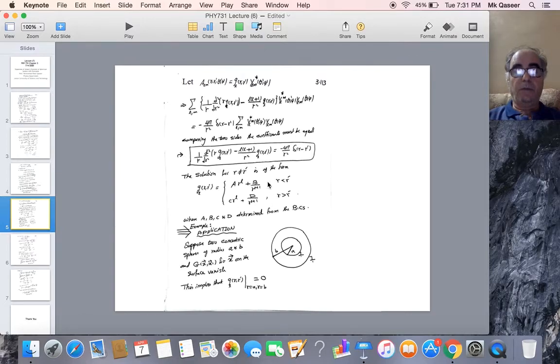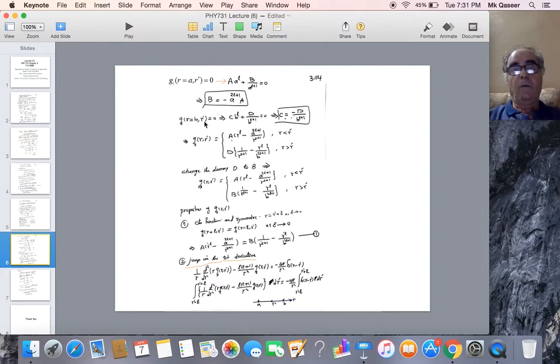We apply this to this expression. We get B in terms of A and we get C in terms of D. We get this expression. Now A and D are dummy variables. Let's change them to A and B as in this expression.